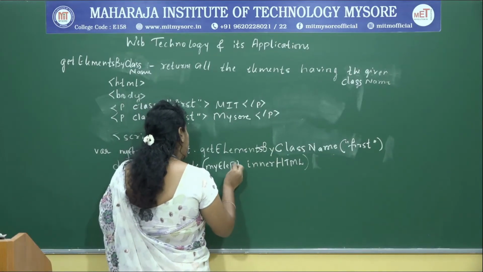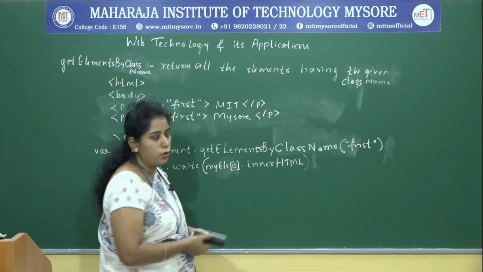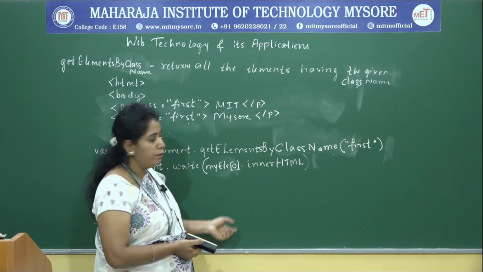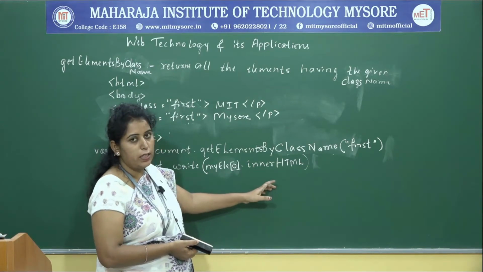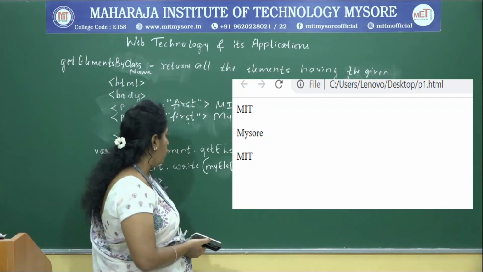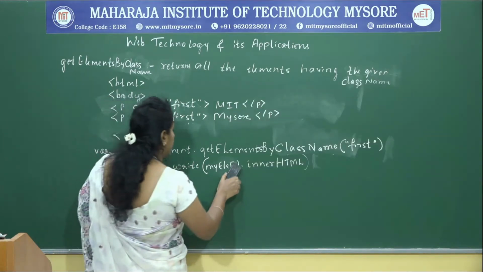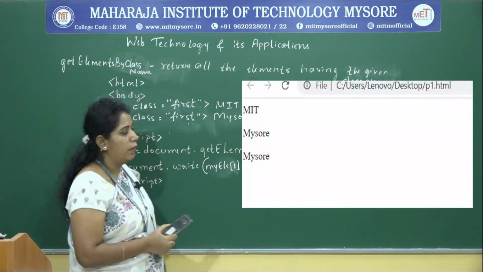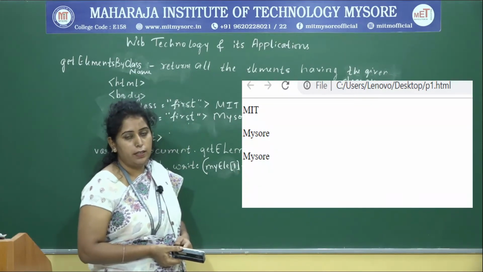If you want to print the content of the 0th index, you give the index as 0 here. Finally, I will run the program. After running, you can notice how the output is displayed. Now, instead of 0, if I pass 1, you can observe how it is displayed.